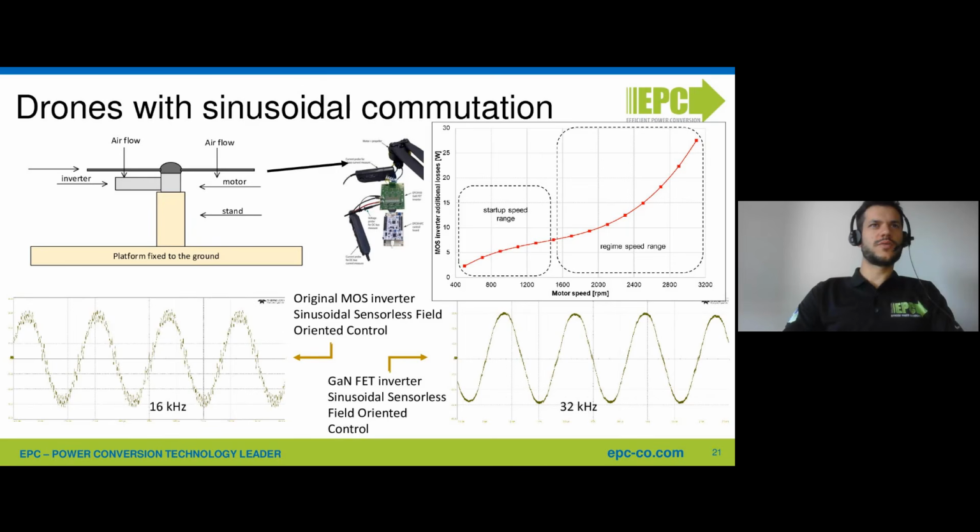We are not done with drones, because we have made the same tests on a different motor, which was instead modulated with a sinusoidal excitation. So in this case, it was a little harder to show the effectiveness of GaN.